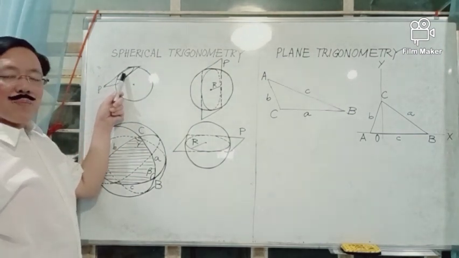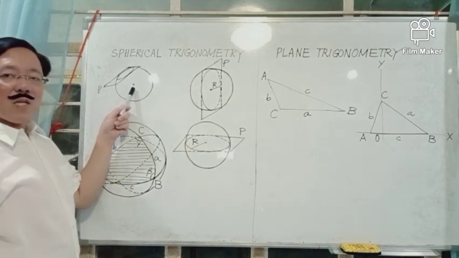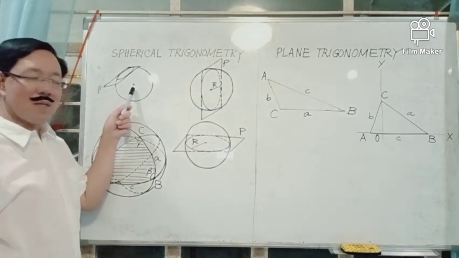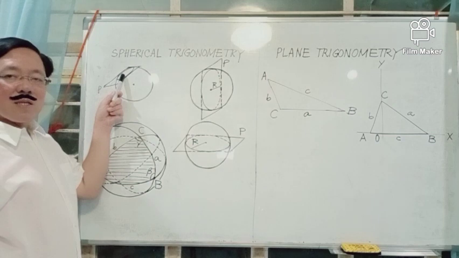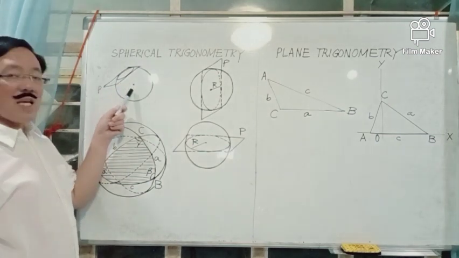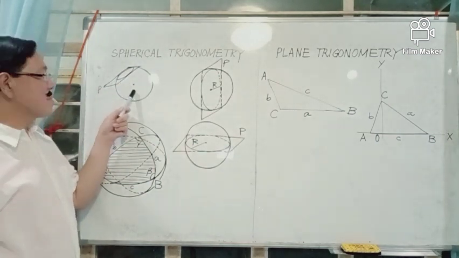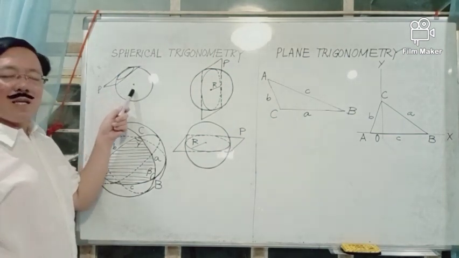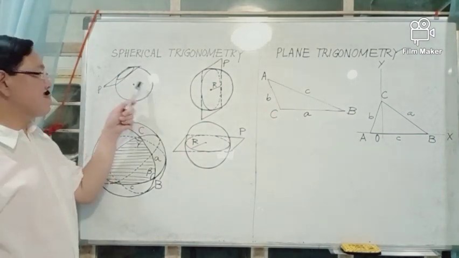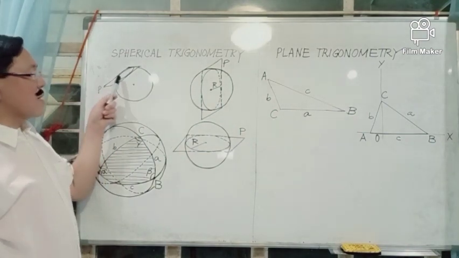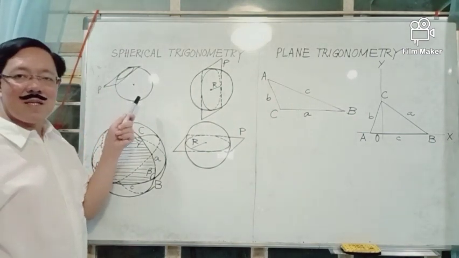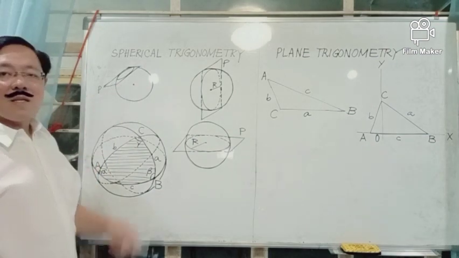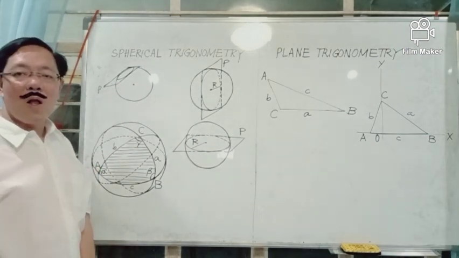But the center of this circle does not coincide with the center of the sphere. And the radius of this circle is not equal to the radius of the sphere. And this circle is not a great circle. This circle is what we call a small circle.